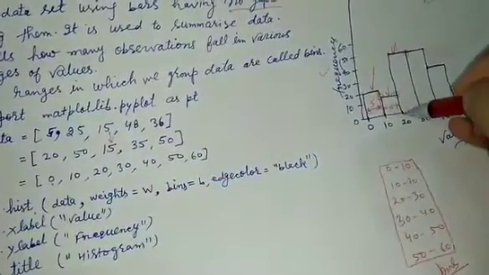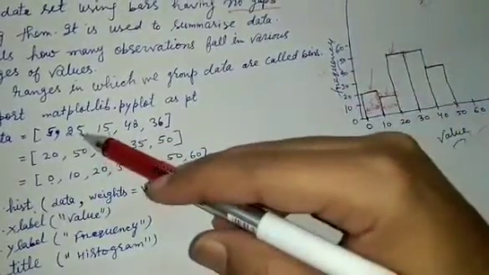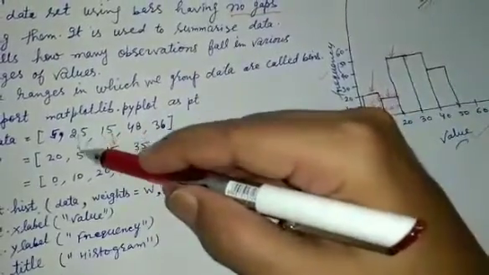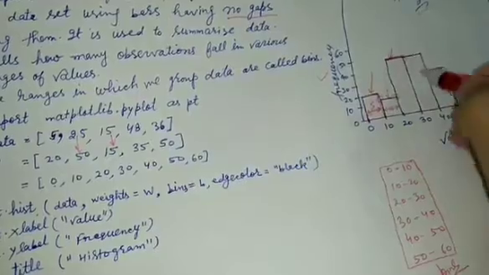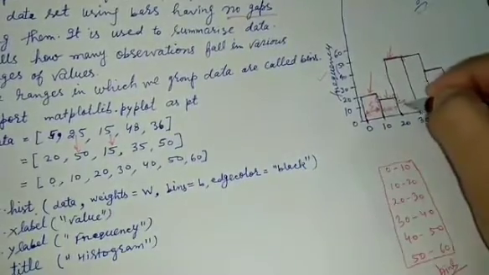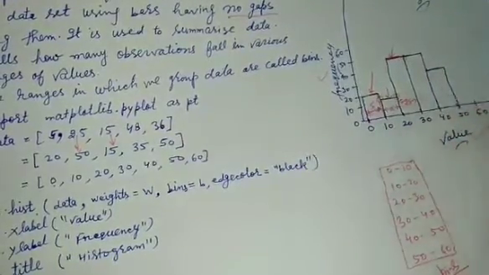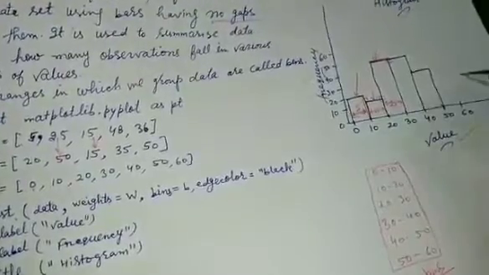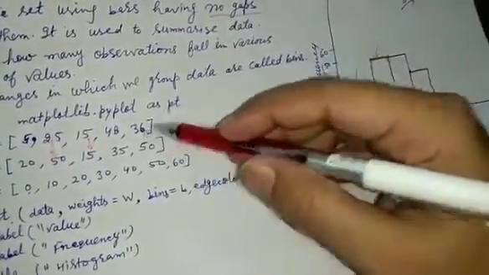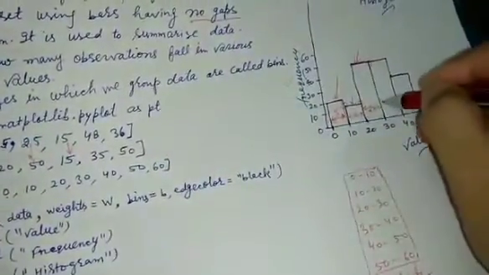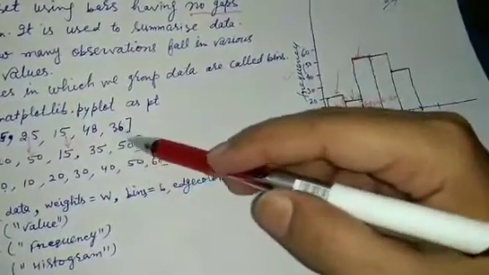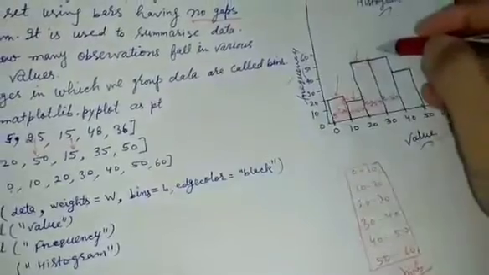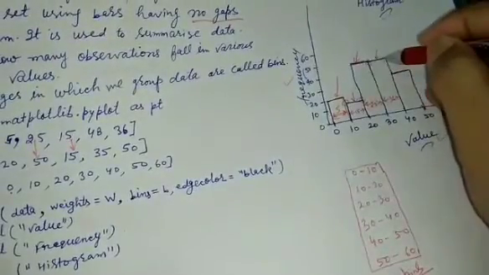Next, 20 to 30 we have 25, and for 25 the width is 50. So you can see width is 50 in case of value 25. The next is 36. 36 will come into here, and for 36 you have width as 50. This is the width.